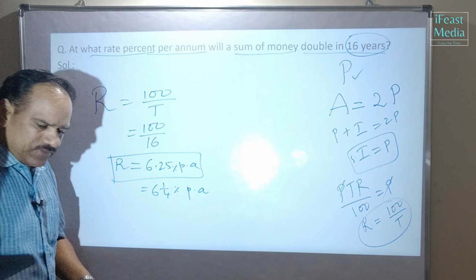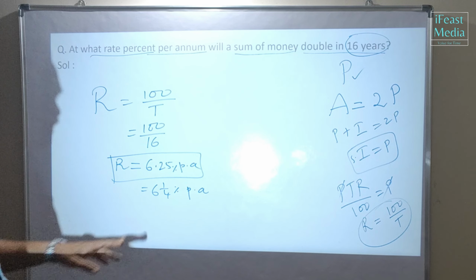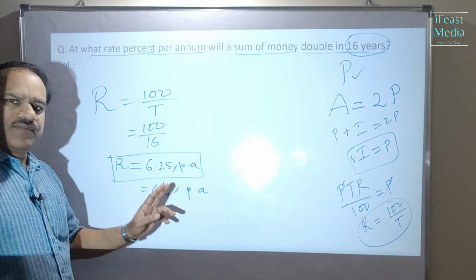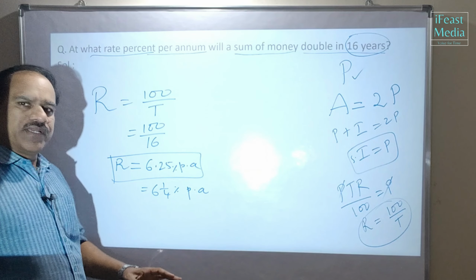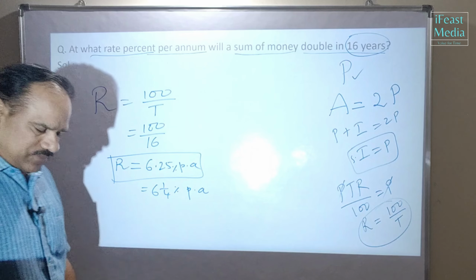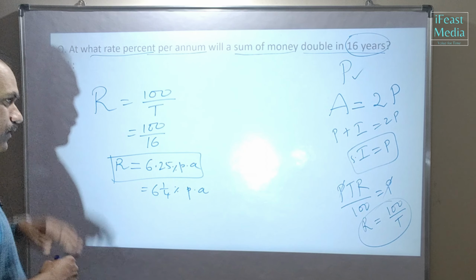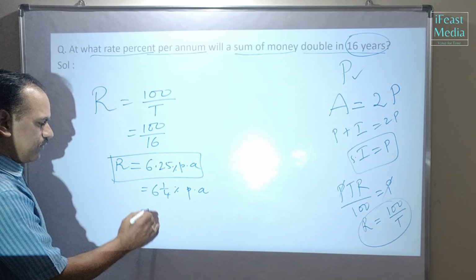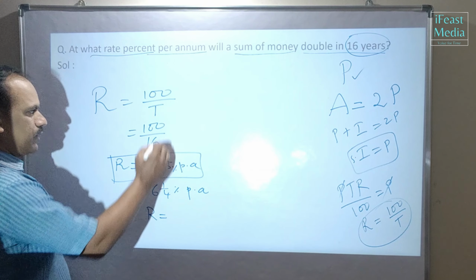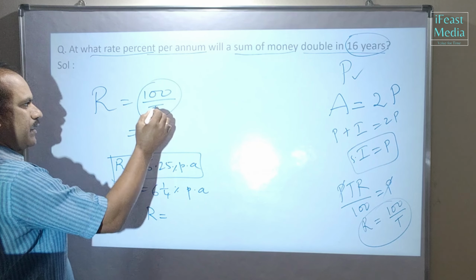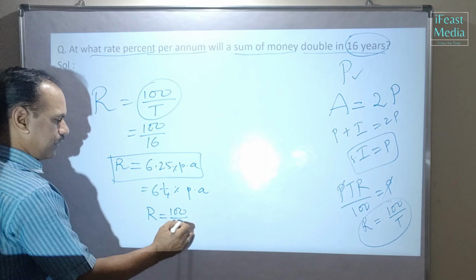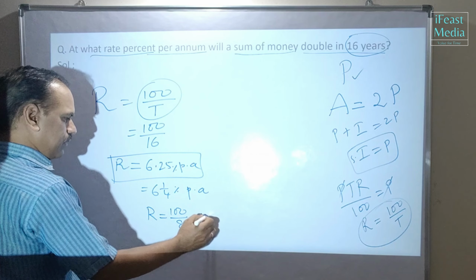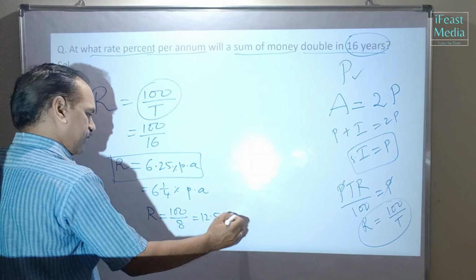So if you give a certain amount at the rate of 6 1/4 per annum simple interest, that will become double in 16 years. Suppose if you want to get it double in 8 years itself, then R should be 100 by T. You take T equal to 8. 100 by 8, which is 12.5% per annum.